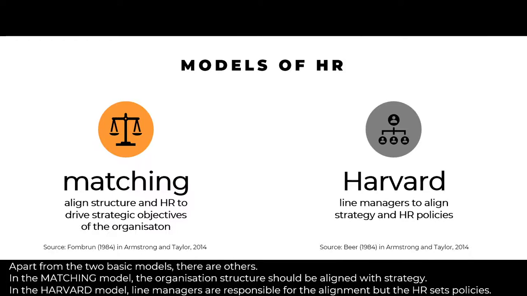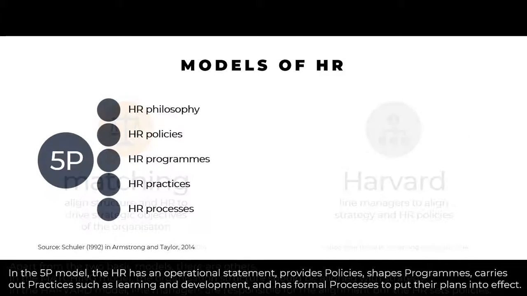Apart from the two basic models, there are others. In the matching model, the organization structure should be aligned with strategy. In the Harvard model, line managers are responsible for the alignment, but the human resources function sets policies.